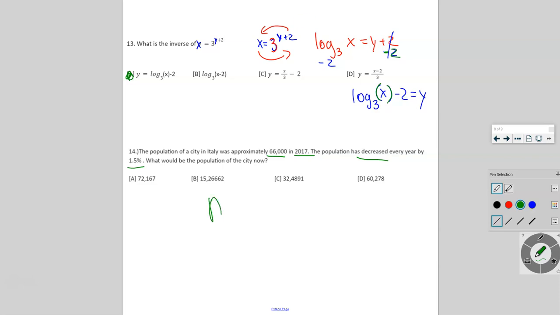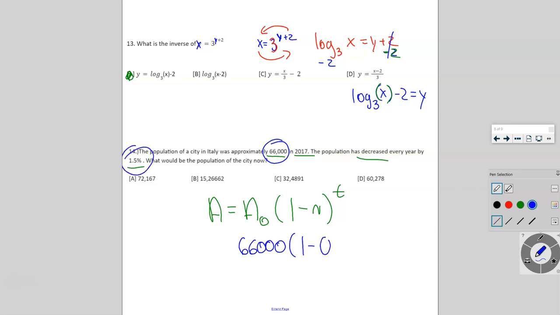Just a reminder, it's the final value of an initial value times 1 minus the rate, raised to time. So this is pretty straightforward. We are given the value that we have right now, which is 66,000, times 1 minus our rate, which we're going to convert into a decimal by dividing by 100, which is 0.015.